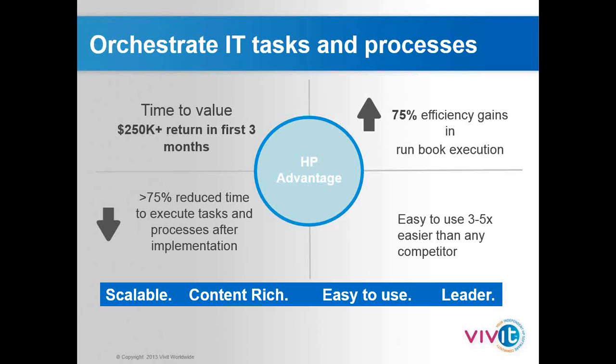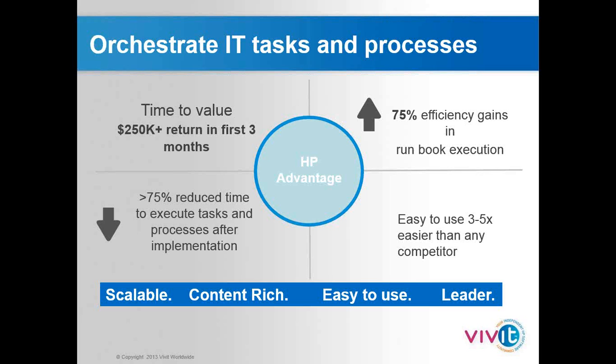Never to miss talking about the scalability of the solution, which HP's operation orchestration can manage. It can manage running anything close to 15,000 plus parallel tasks to be able to manage even a large size data center.